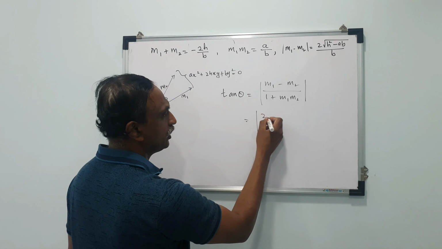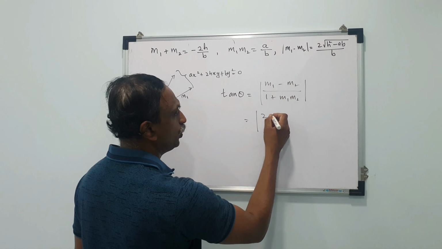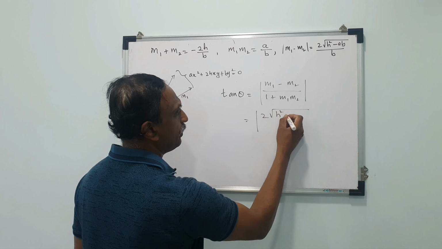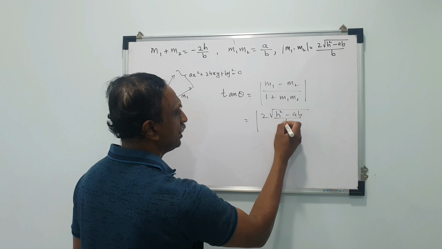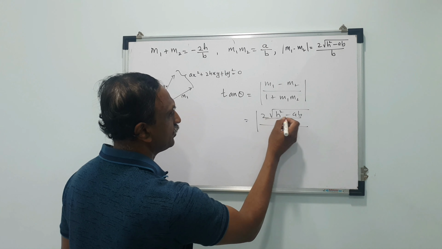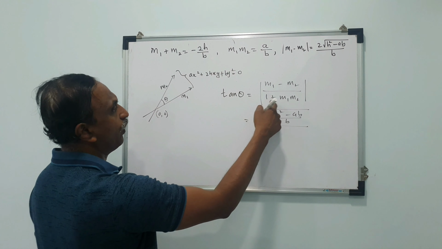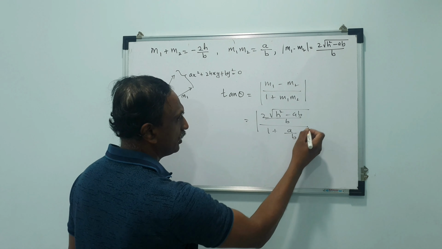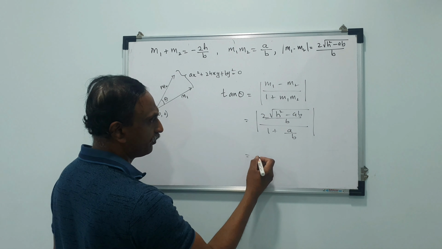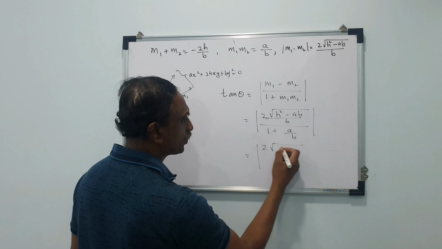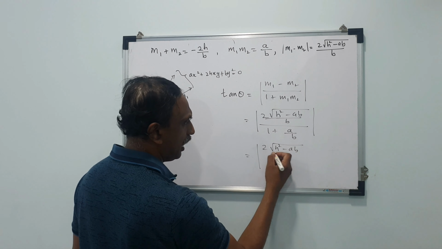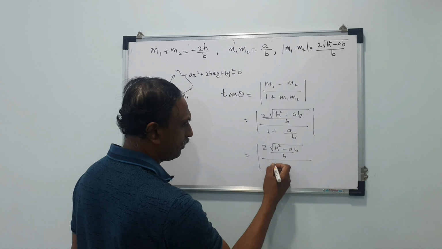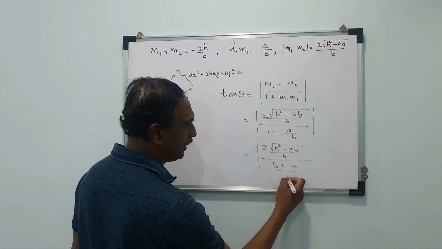So we will be getting m1 minus m2 is 2 root h square minus ab upon b, divided by 1 plus m1 into m2, that is a by b. When you take the LCM, 2 root h square minus ab upon b, whole divided by (b plus a) upon b.